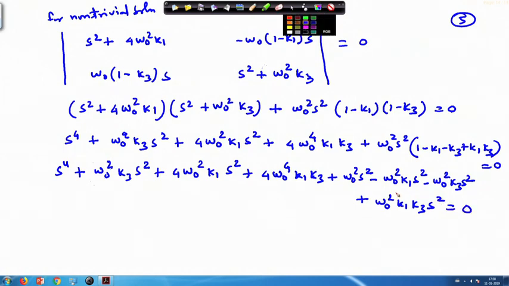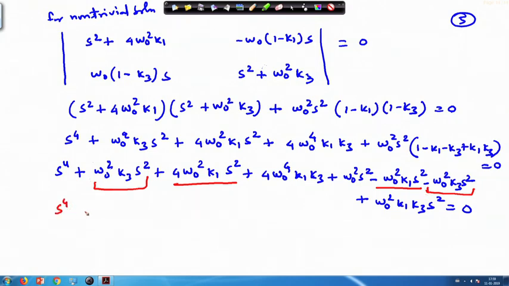Now, what we can observe, can we simplify it? This is what we are looking for. So, we have here a term like 4 omega 0 square k 1 s square, and here this is omega 0 square k 1 s square. Also, if you look here, omega 0 square k 3 s square is present with a minus sign, and we also have it with a plus sign.